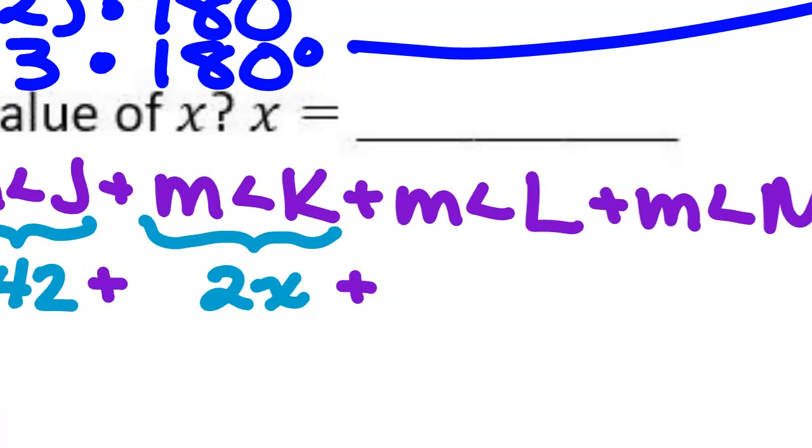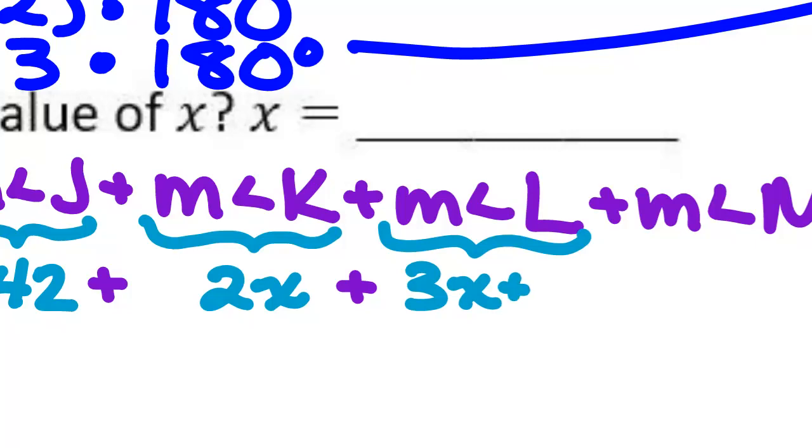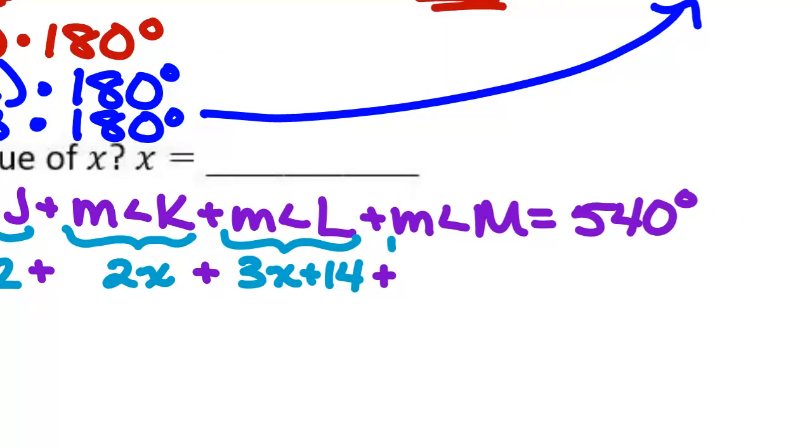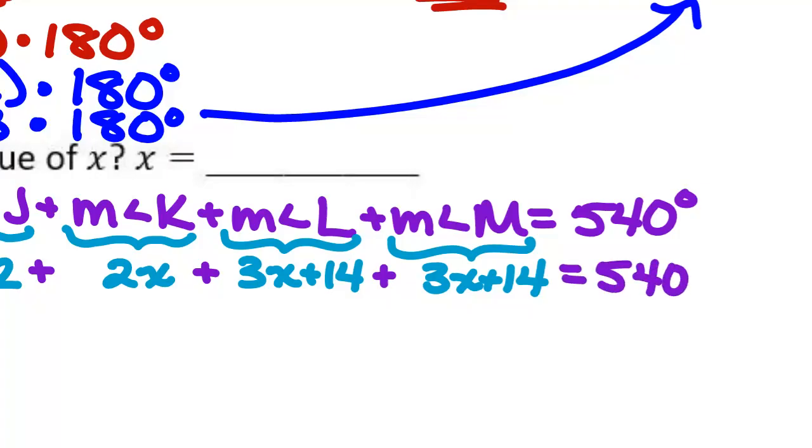Angle L? 3x plus 14. And finally, angle M. Another 3x plus 14. And that's all equal to 540.